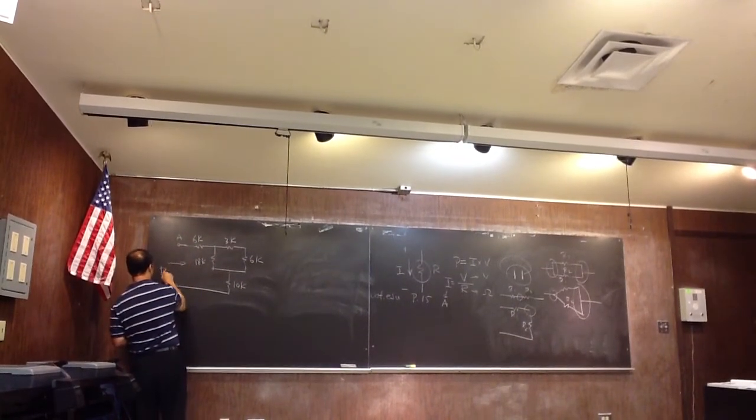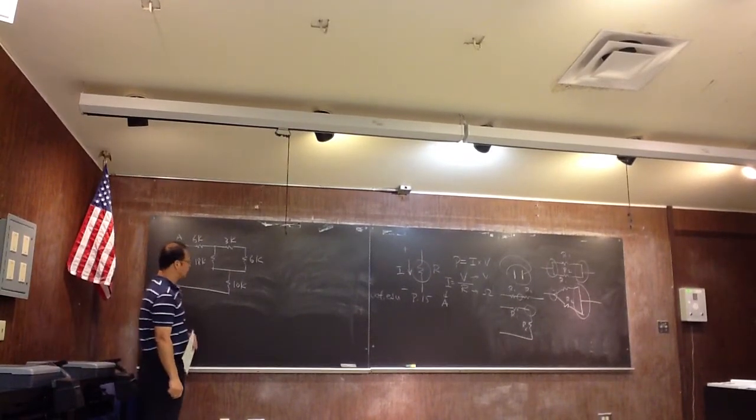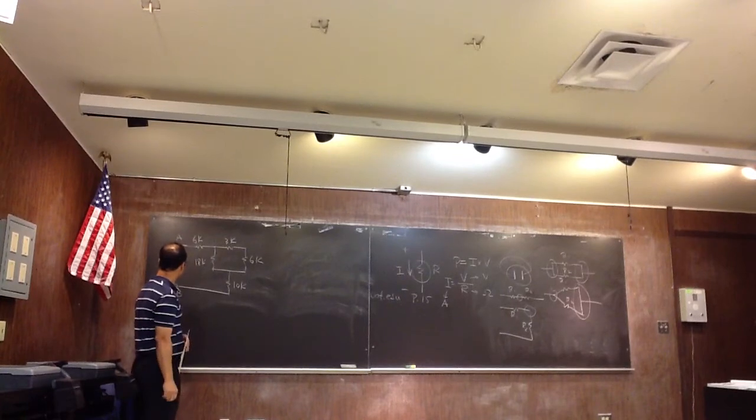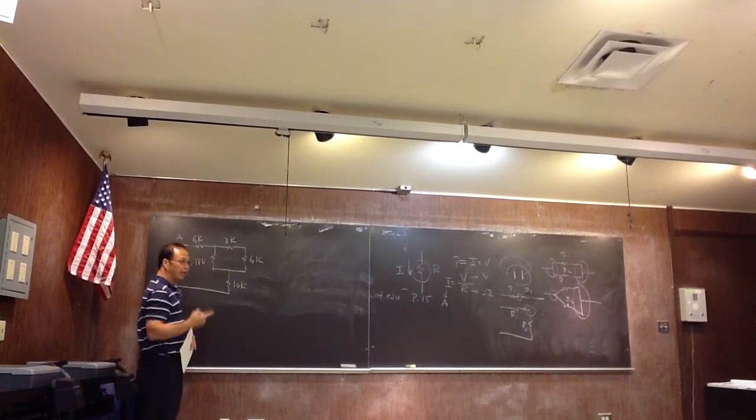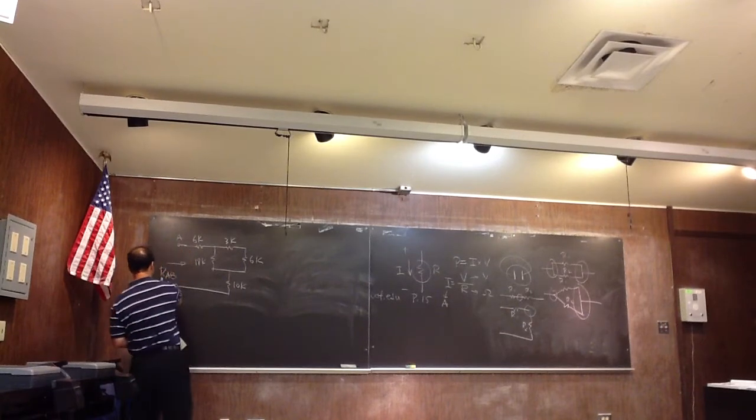So we want to find the equivalent resistance between terminal A and B. So that's called R_AB.